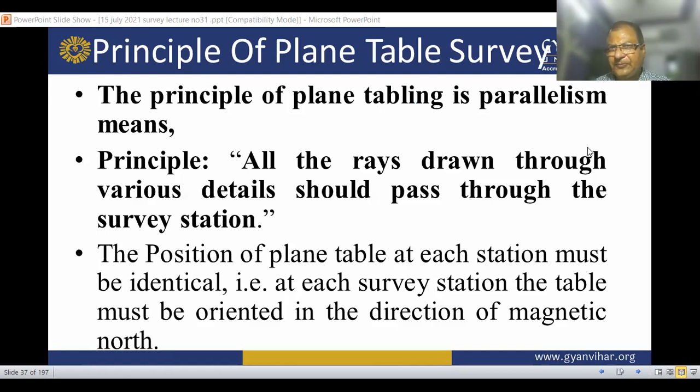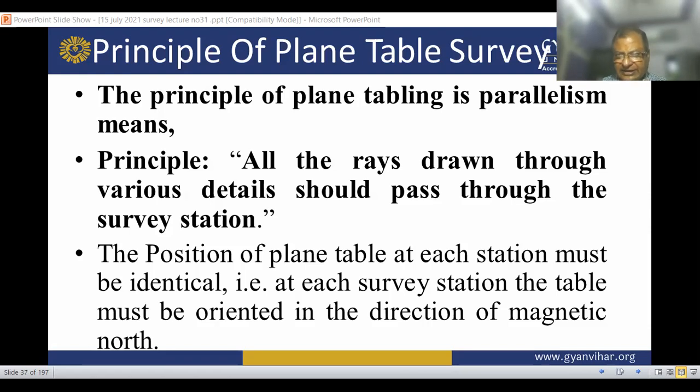Now we will discuss the principle of plane table surveying. The principle of plane table is parallelism.